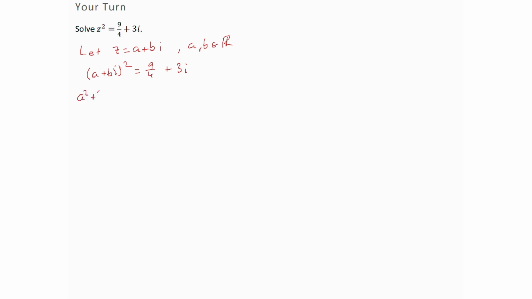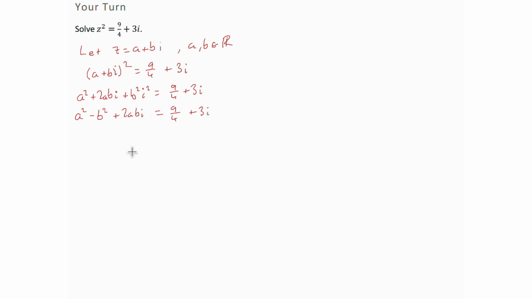Expanding gives us a squared plus 2abi plus b squared i squared. Remembering that i squared is -1 means that we have a squared minus b squared plus 2abi is equal to 9 over 4 plus 3i.